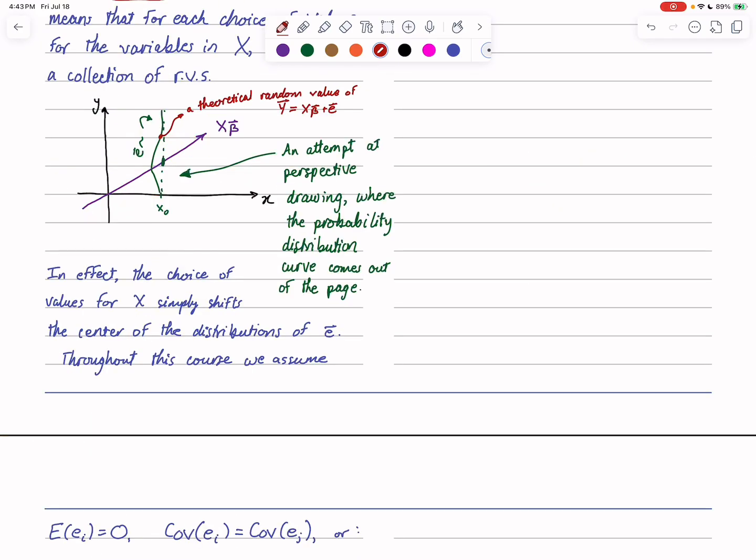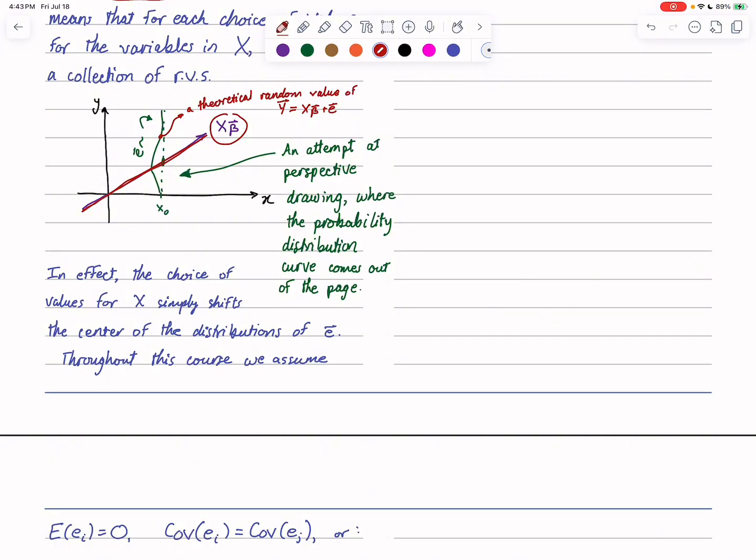Here's a bit of a graphical attempt at depicting what's going on. If you think about the matrix X times the vector beta, now I'm drawing something in the 1 by 1 case, right? So X is a 1 by 1 matrix, Y is a 1 by 1 matrix.